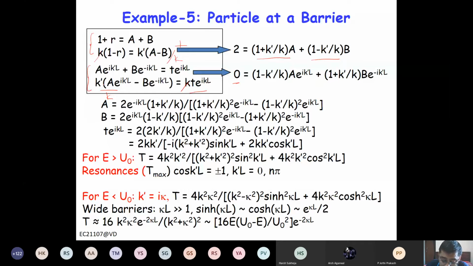So 0 is equal to A times (1 minus K prime by K) plus B times (1 plus K prime by K). So now you have two equations in A and B. You can obtain A. I did it, so maybe I can show the steps I followed.